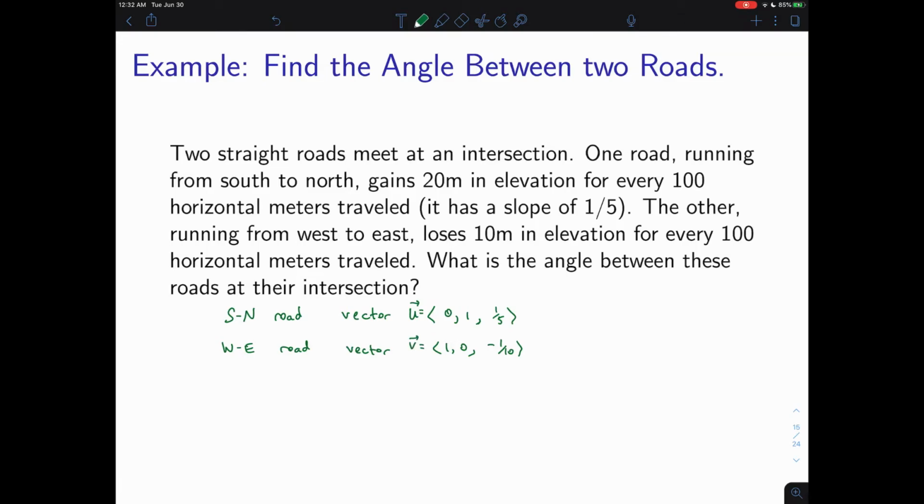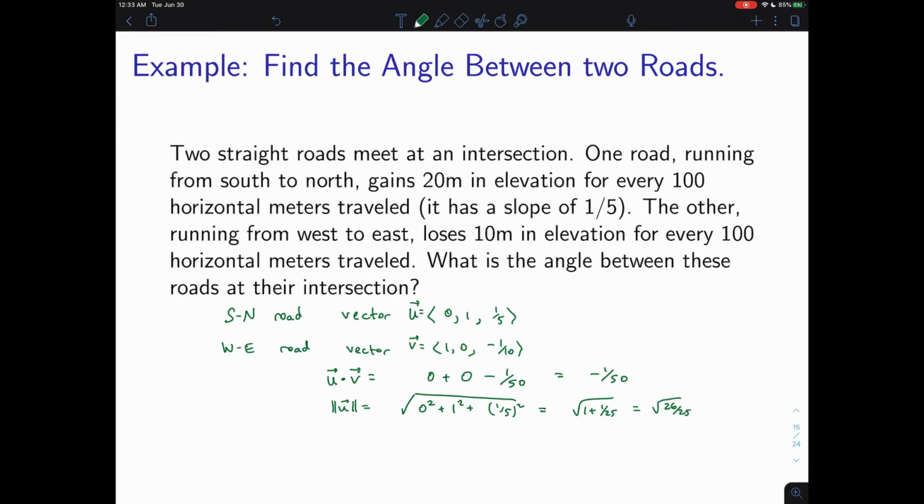Let's call them u and v. Okay, now u dot v is 0 plus 0 minus 1/50. So in other words, minus 1/50. And magnitude of u is the square root of 0 squared plus 1 squared plus 1/5 squared. So square root of 1 plus 1/25.